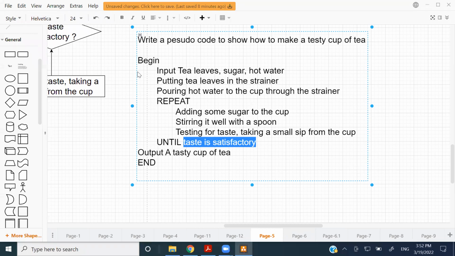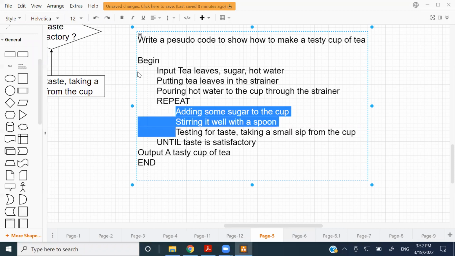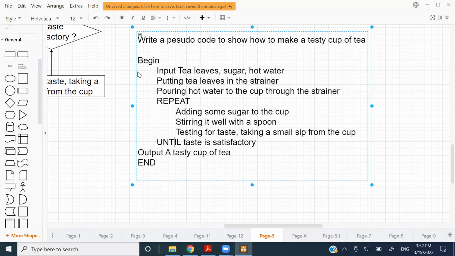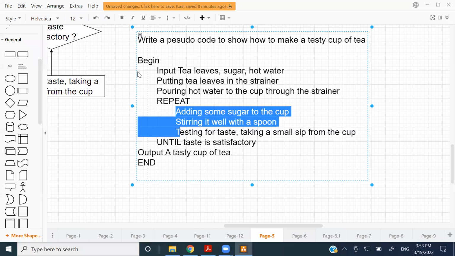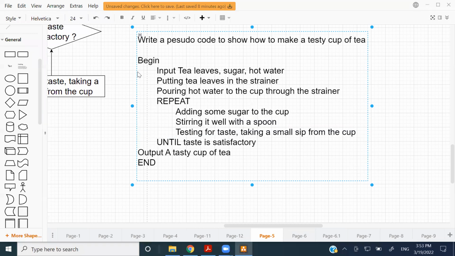Because these three lines are going to happen if this condition is false. So that means taste is satisfactory. If the answer is no, then these things are going to happen. If it is yes, then we can output a tasty cup of tea. Is that clear? Everyone? Is that clear?